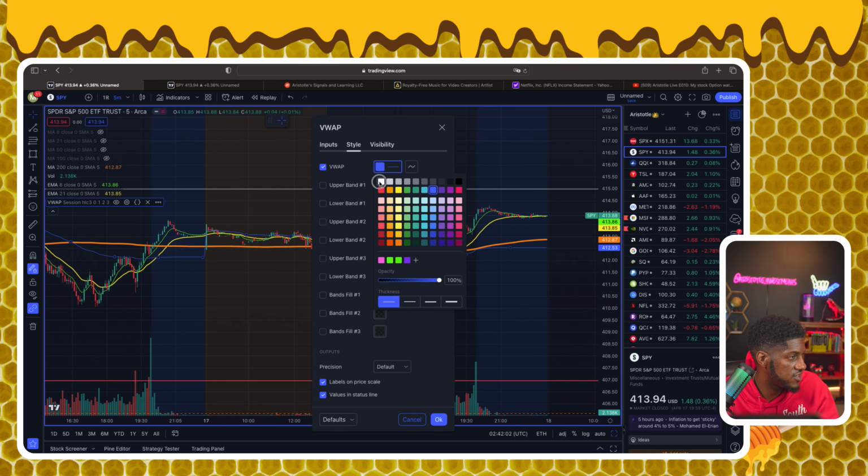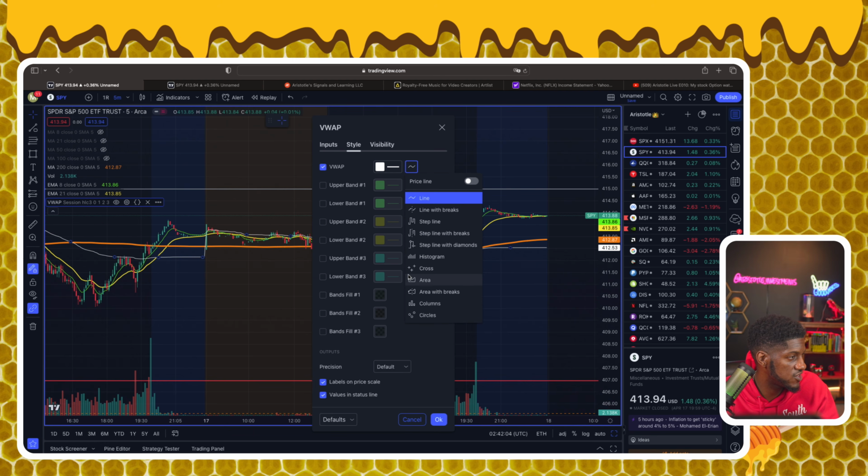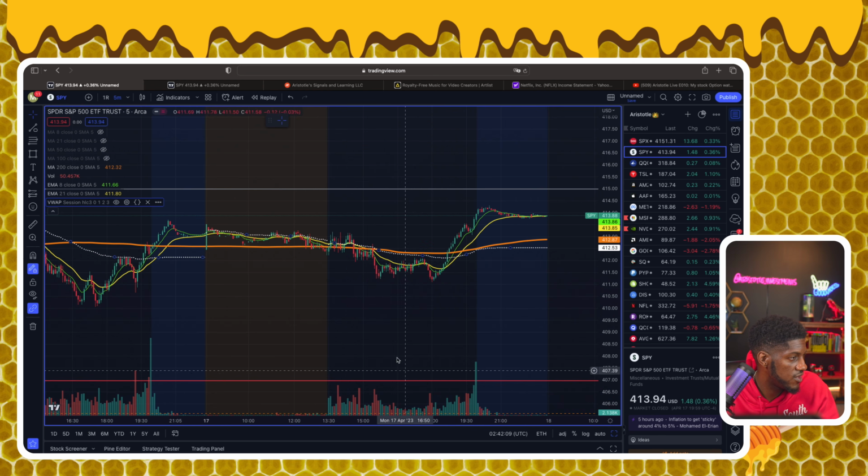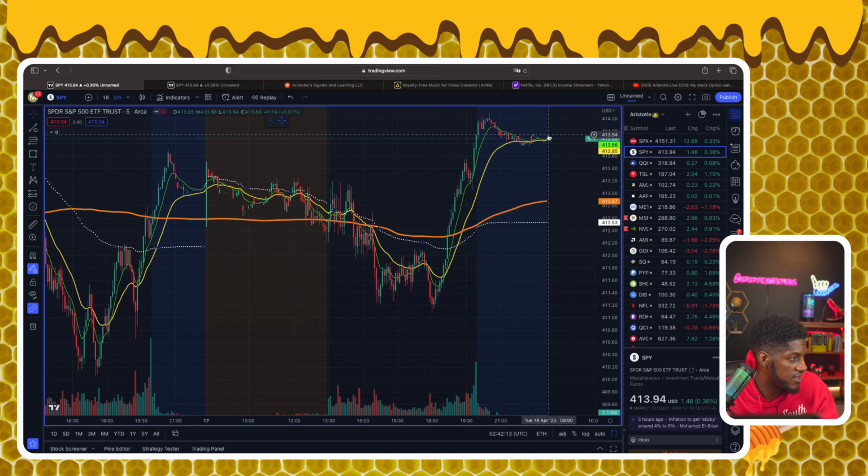All right. And I only just use the VWAP, and I keep it a snowball color because I like to know that I am not using an MA. I am using a VWAP. So I keep this thing snowball like that. So that way I know for a fact this is the VWAP, it's not an MA. I don't really like to get things confused, and I keep it white.